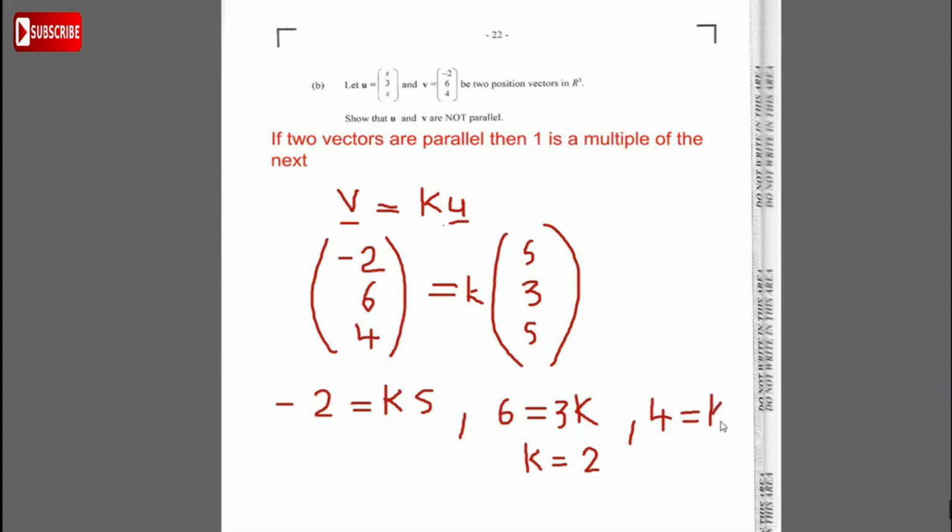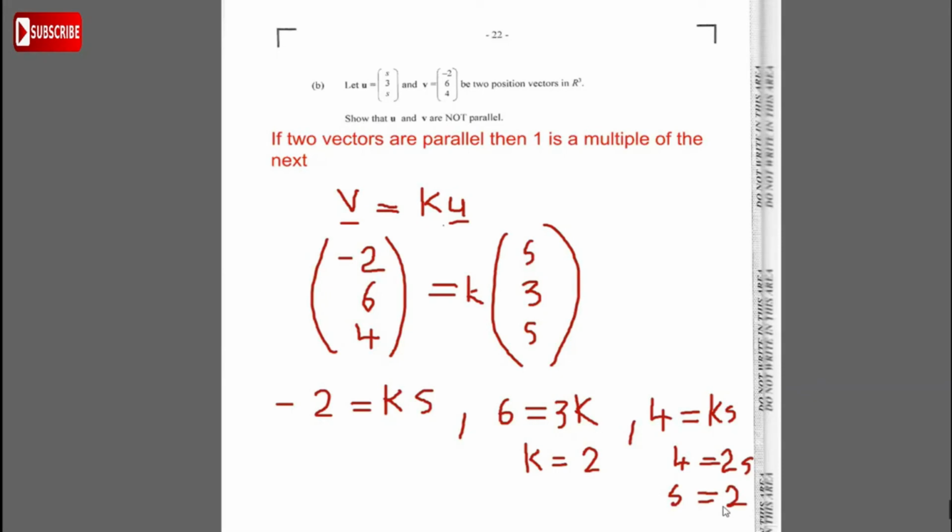Now, if k is 2, then 4 is equal to 2 times 2s. So in this case, s is equal to 2.